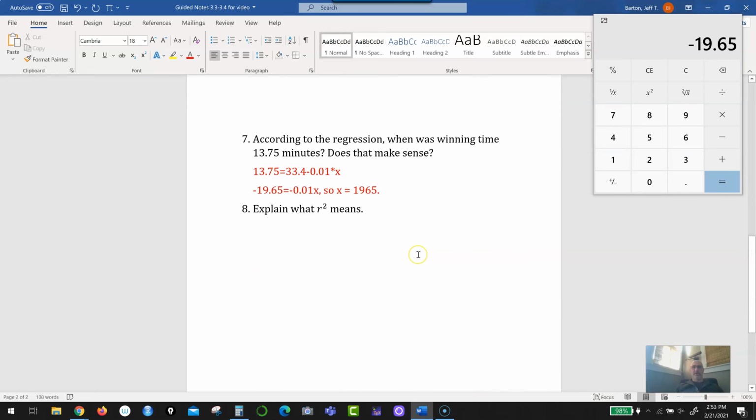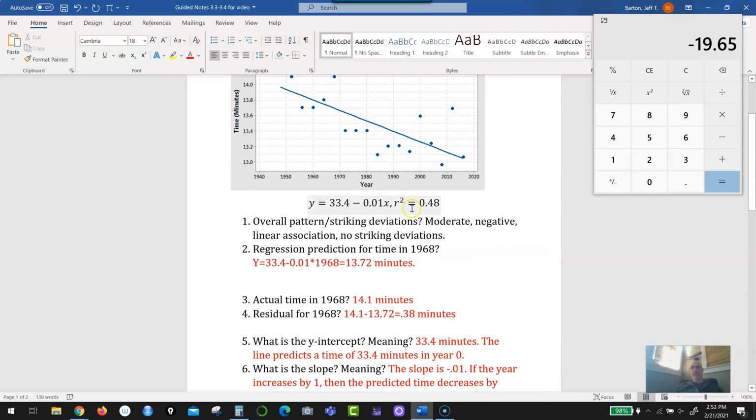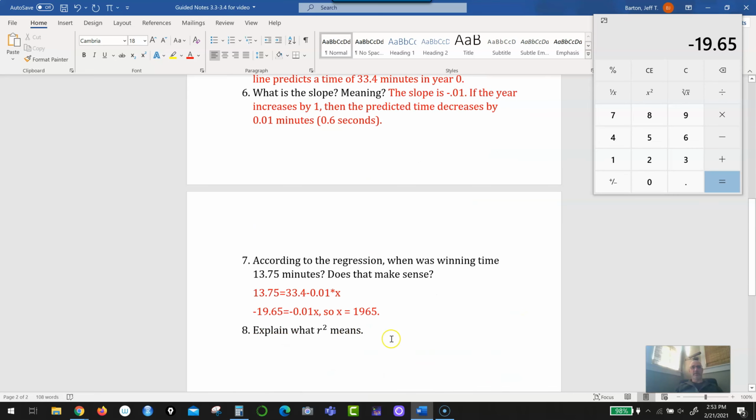All right, now finally explain what the r squared means. Well, the r squared, that's just the square of the correlation. The higher the value, the better the line does at explaining the changes in the y variable as an association with x. And so a 0.48 for r squared, our interpretation of that is that 48% of the variation in y is explained by its linear association with x.